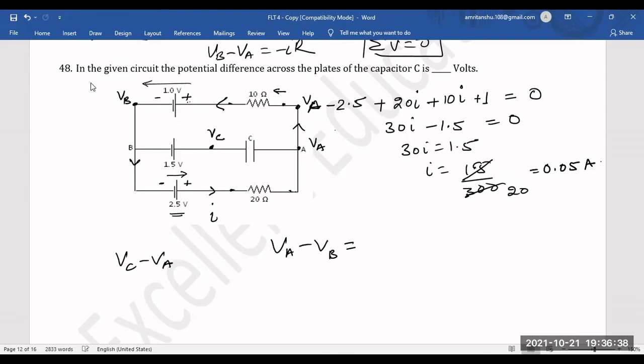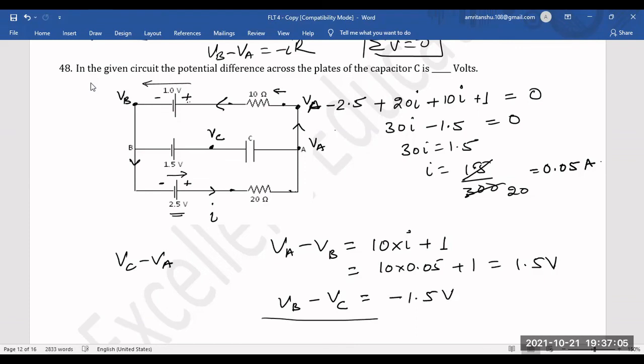VA minus VB will be 10 into I plus 1, which happens to be 10 into 0.05, 1.5 volts. And VB minus VC is going to be minus 1.5 volts.